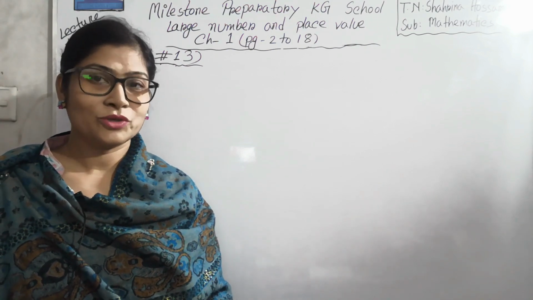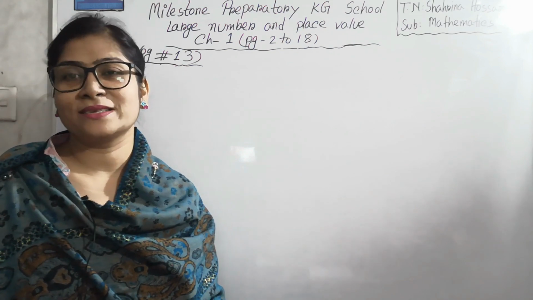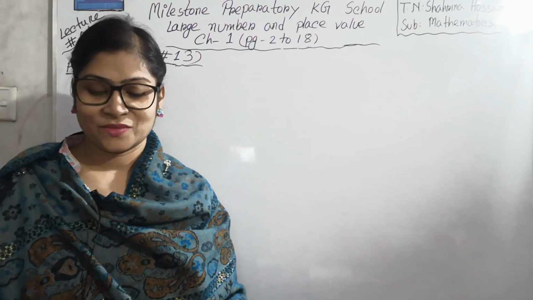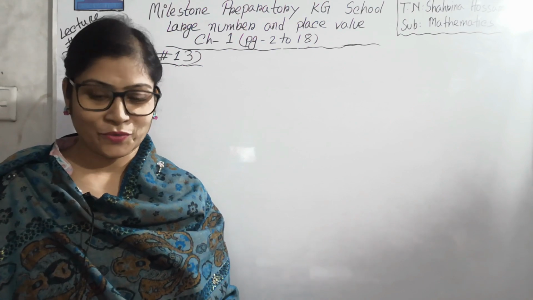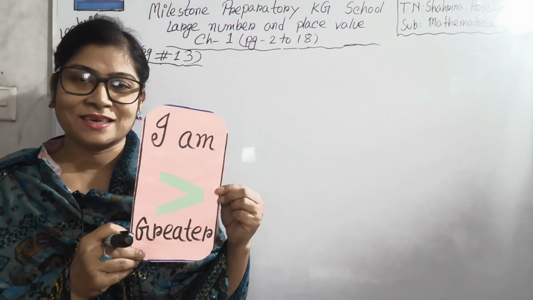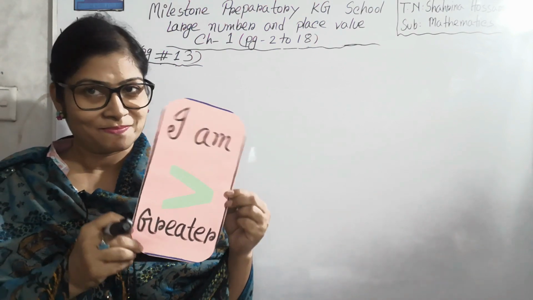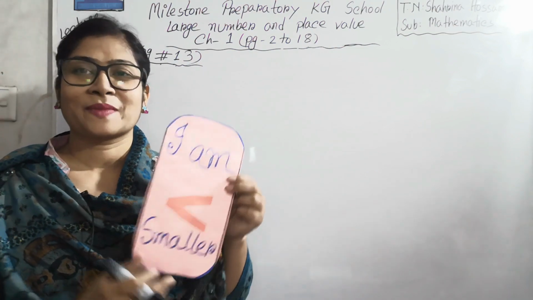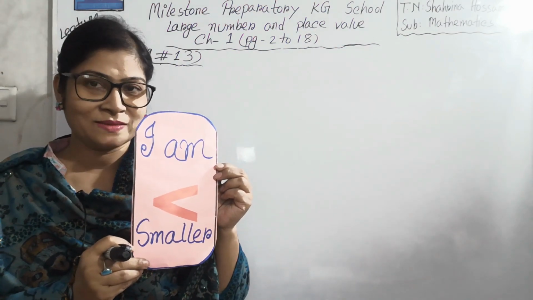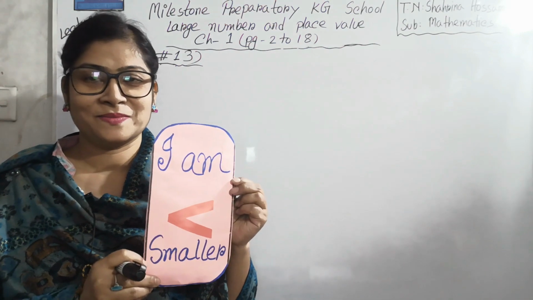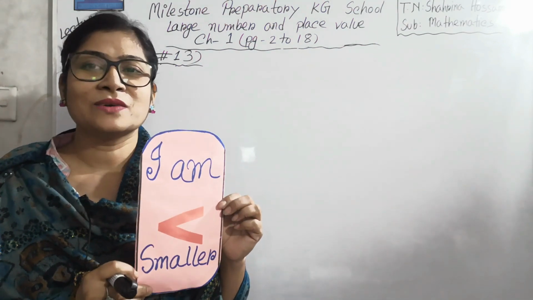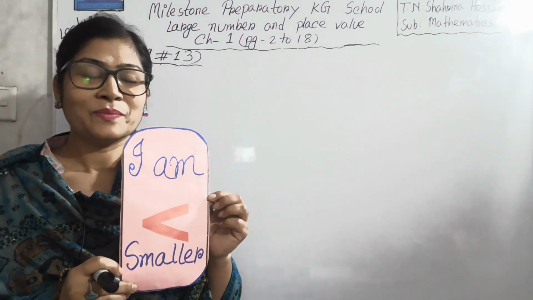Do you know which one is the greater sign and which one is the smaller sign? Just now I will show. This is the greater symbol. Okay? And that one is the smaller sign. Both signs we will now put in the blank box.